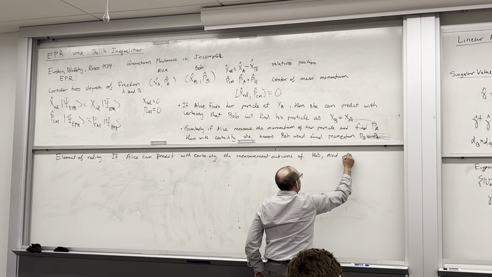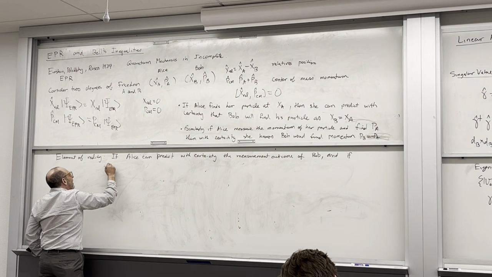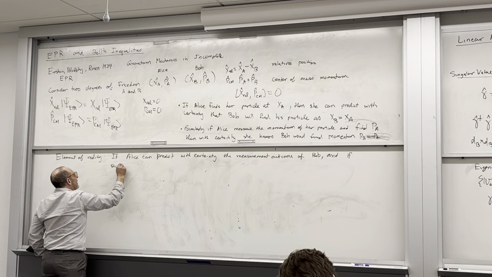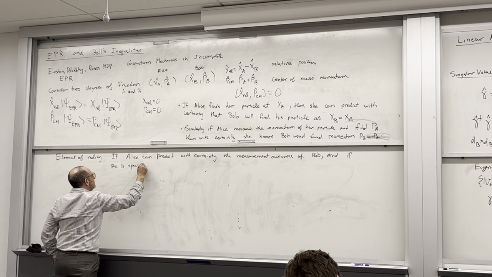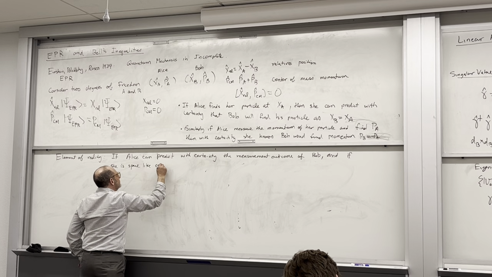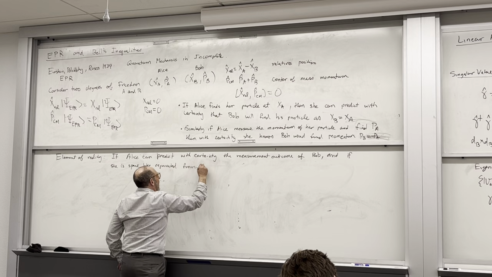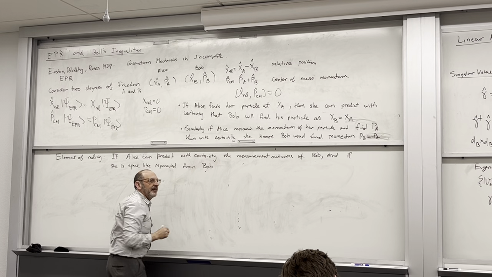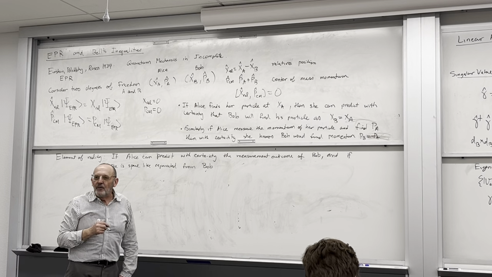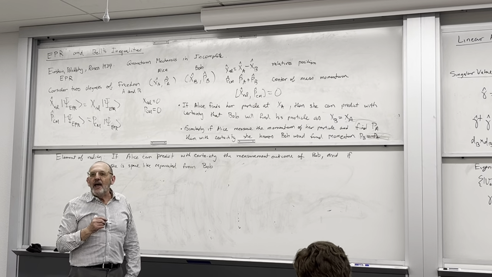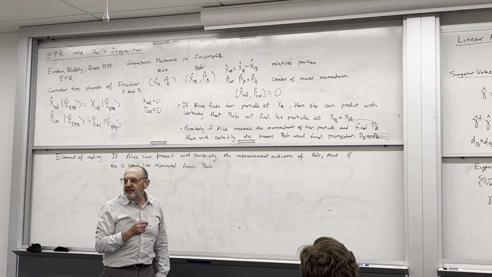and if she is space-like separated from Bob, as Bob is outside Alice's light cone. So there's no signal in any possible way, according to the laws of physics, that Alice could have sent a message to Bob.